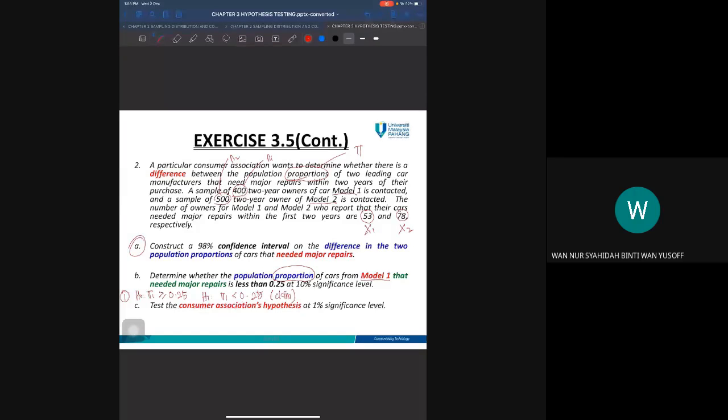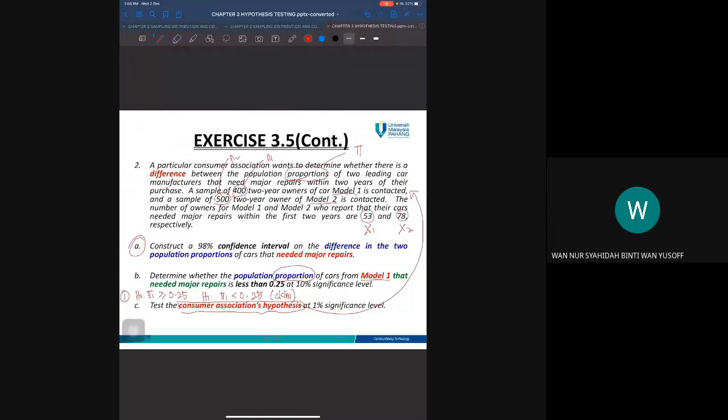So we go to the C, test the consumer association hypothesis at 1% significance level. So go back to the story here. Which one is the consumer association hypothesis? A particular consumer association wants to determine whether there is a difference between the population proportions of the two leading car manufacturers that need major repairs.